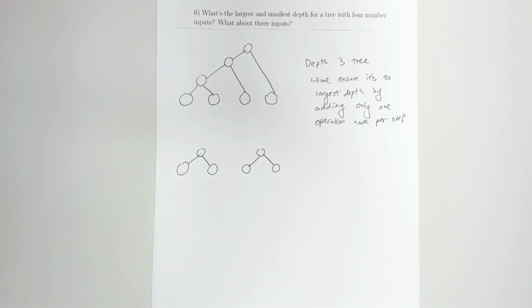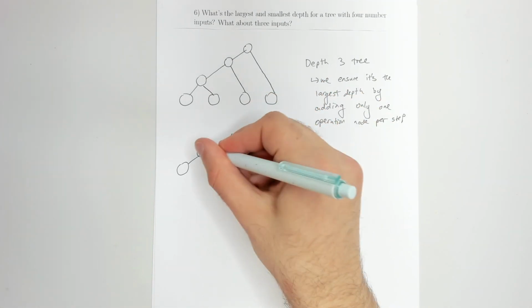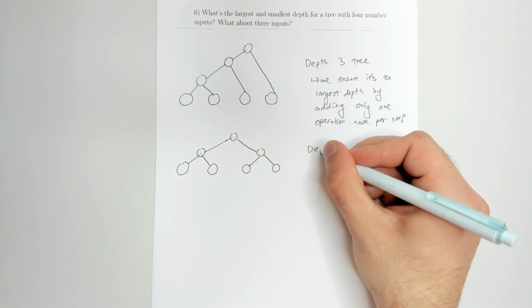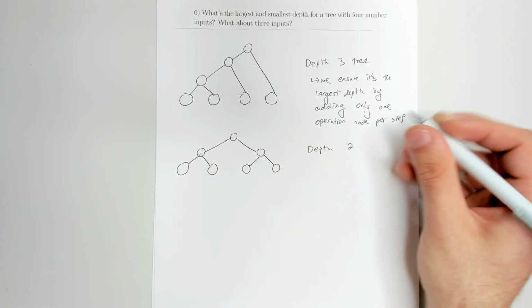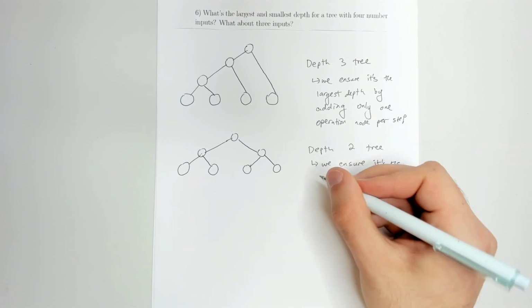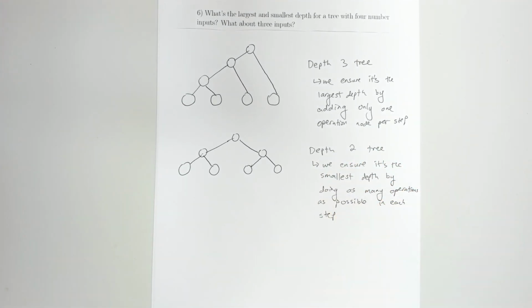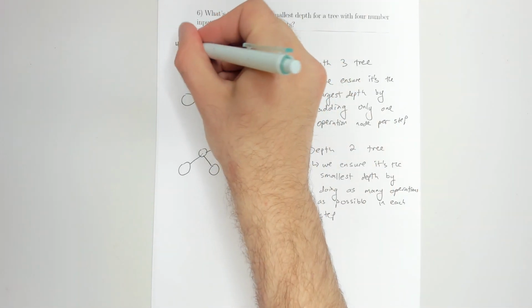So this is the most amount of operations we can do in this single step. And then we can combine these two subtrees with a final operation node, so we get a depth 2 tree as being our smallest depth. So we ensure it's the smallest depth by doing as many operations as possible in each step. So that was for 4 inputs.